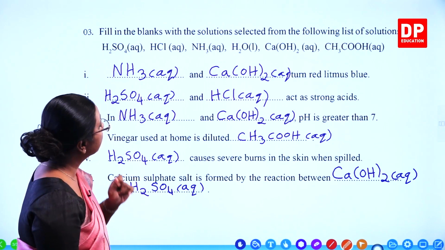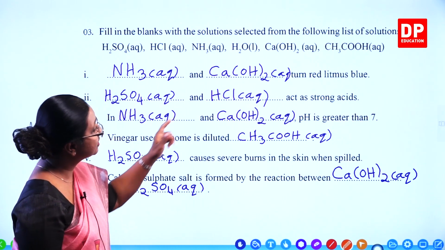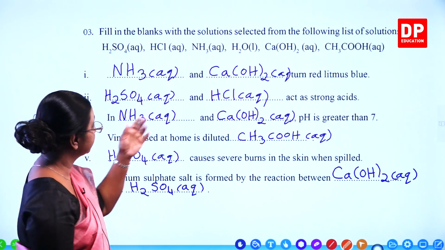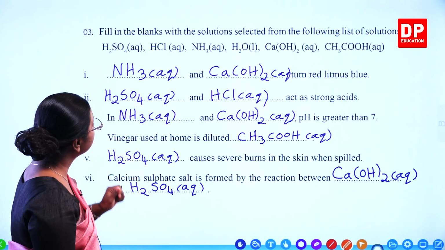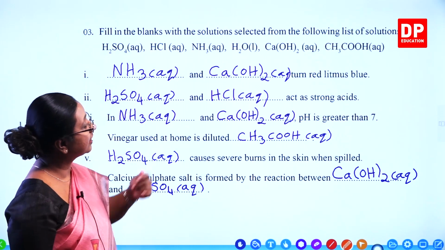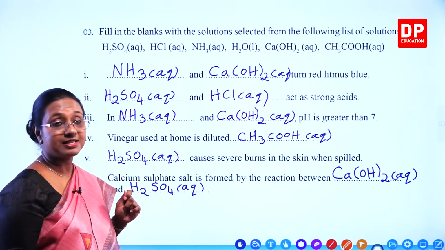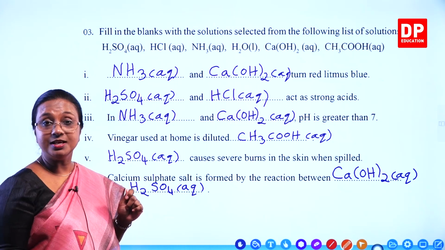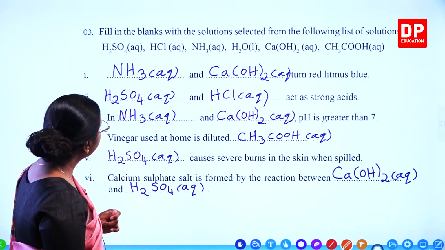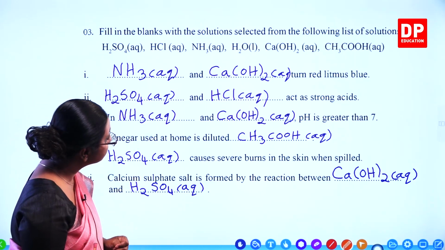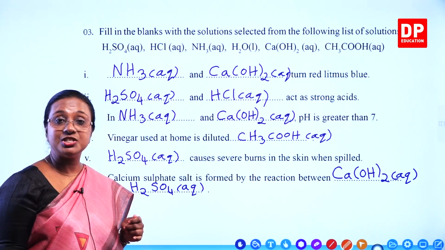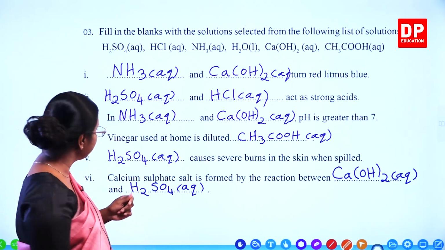Ammonia aqueous and calcium hydroxide aqueous turn red litmus blue because they are bases. Sulfuric acid and hydrochloric acid act as strong acids. Here they have given another acid, that is acetic acid, but that you know is a weak acid. Then in ammonia aqueous and calcium hydroxide aqueous, pH is greater than 7 because they are bases.